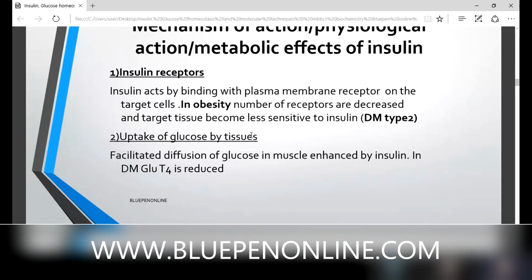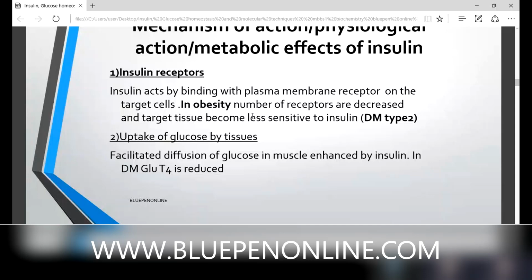So does glucose utilization increase or decrease in diabetes? It decreases, right? Why? Because uptake of glucose by tissues requires this special protein, GLUT4, not an enzyme.